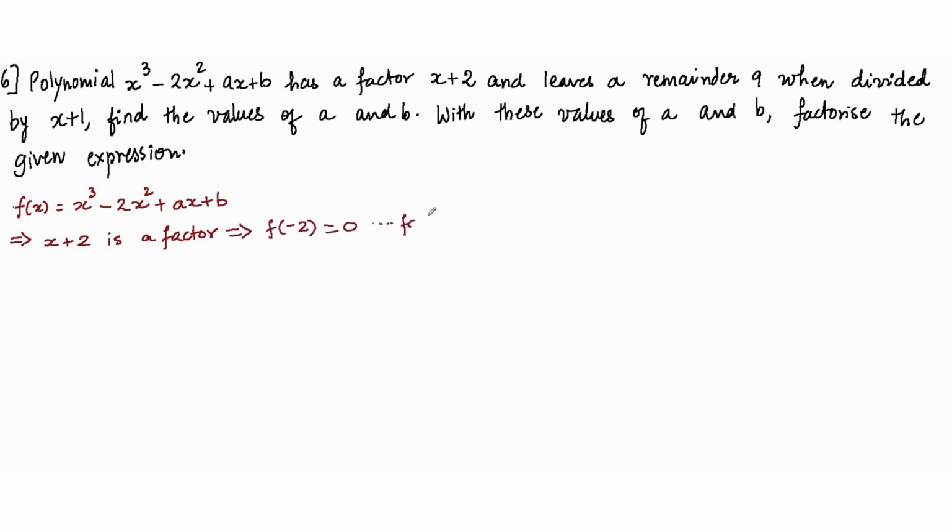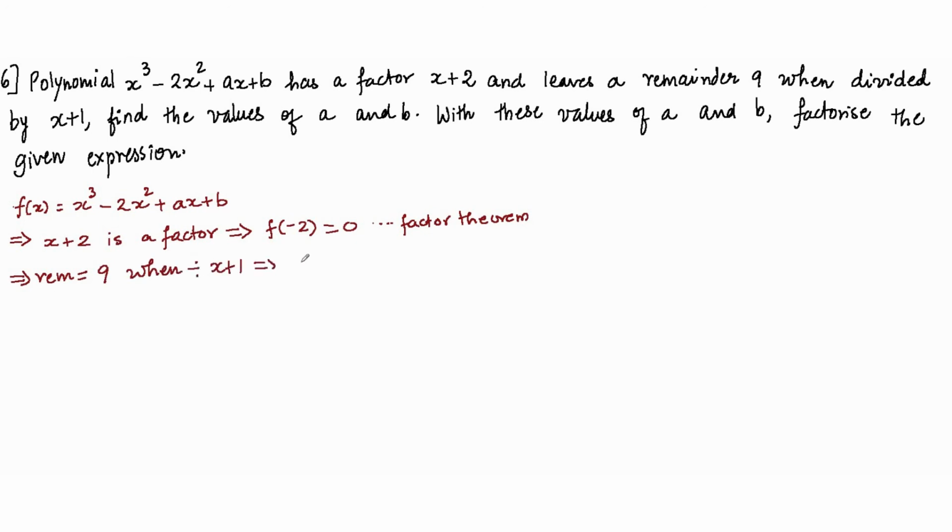This is according to the factor theorem. Secondly, it is leaving a remainder of 9 when divided by x plus 1. It is also given that this f of x leaves a remainder of 9. So it is given that remainder is 9 when divided by x plus 1.